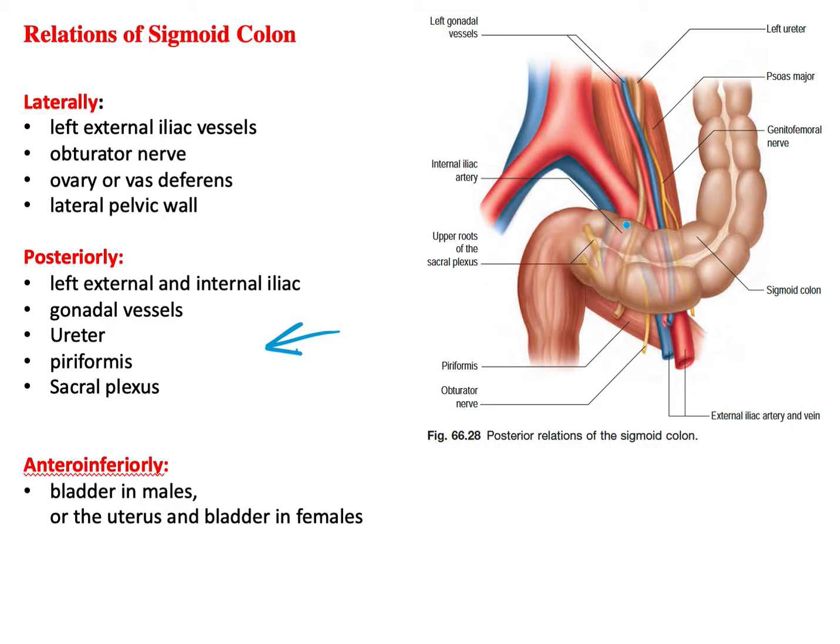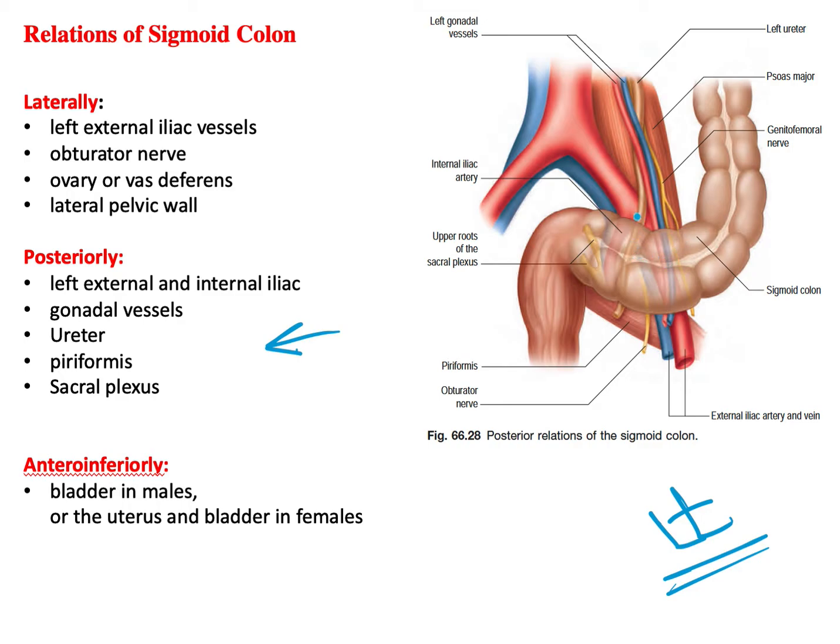Look at the left internal and external iliac branches. They are located behind it. That means what's behind the sigmoid are the branches of the common iliac, the internal and external iliac arteries. Of course, I'm talking about the left side, because the sigmoid is on the left side.